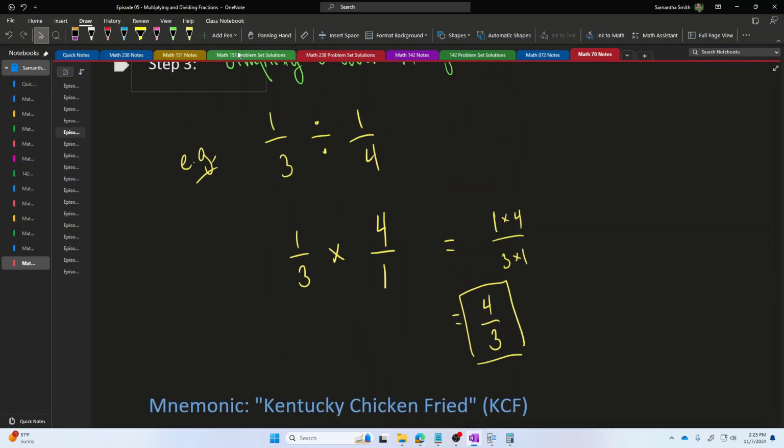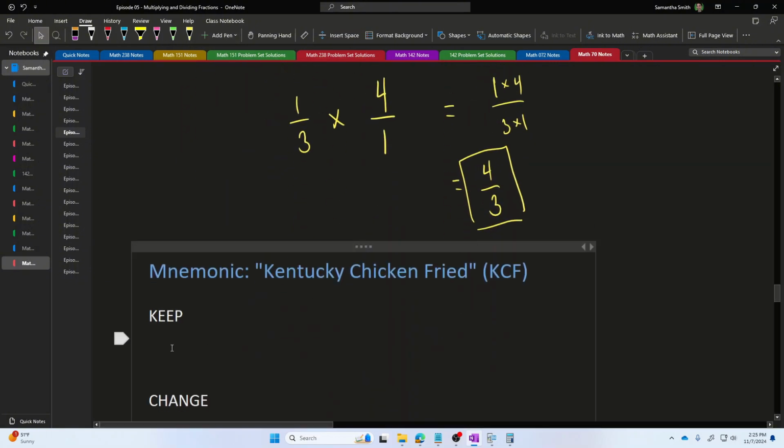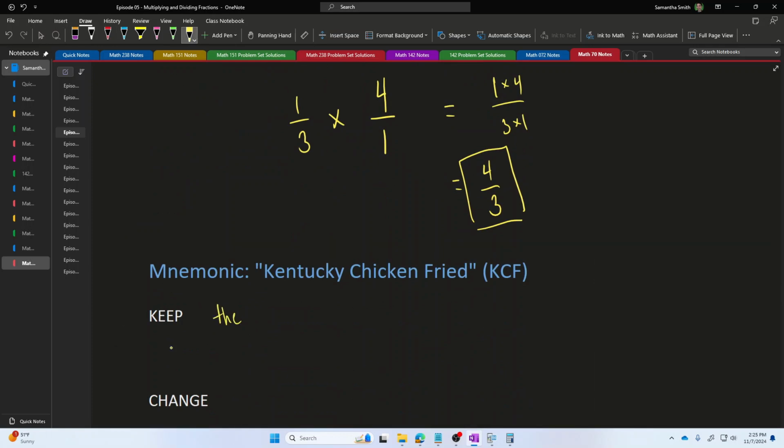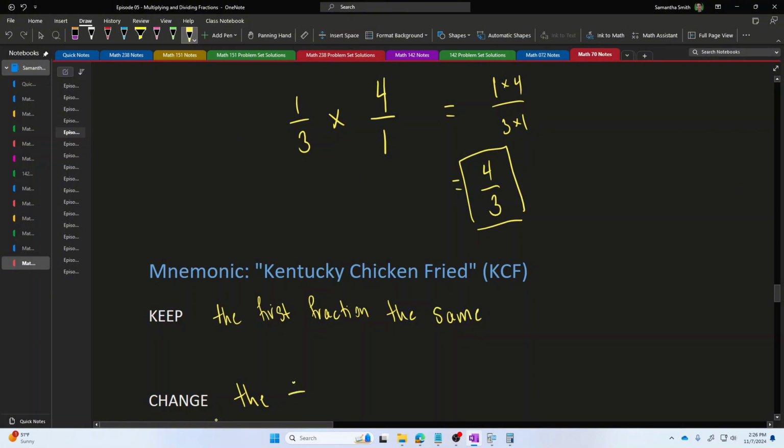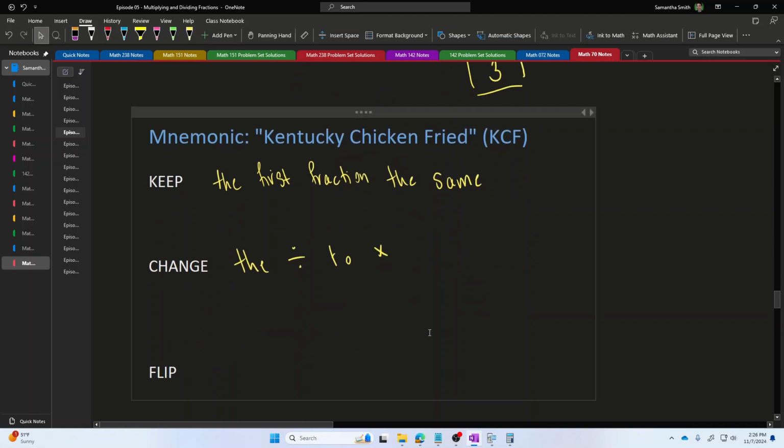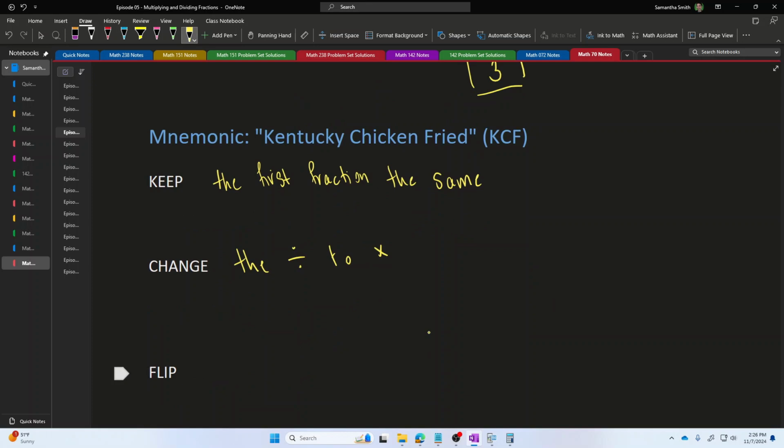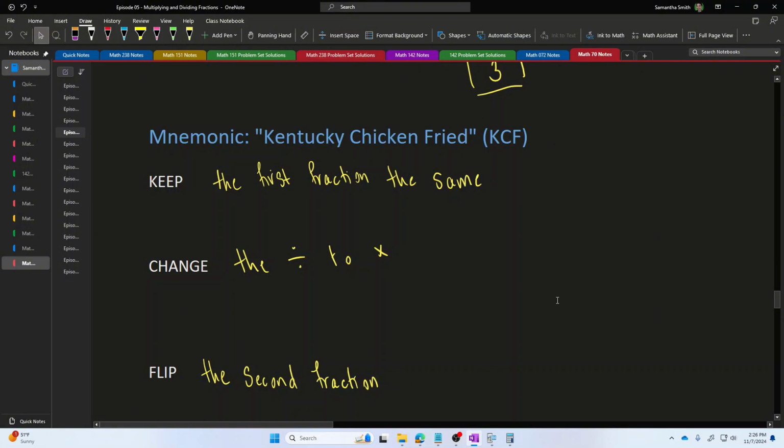The idea is keep the first fraction the same, change the division symbol to a multiplication, and flip the second fraction upside down. Flip it upside down to create the reciprocal. Keep, change, flip, Kentucky Chicken Fried, KCF for short.